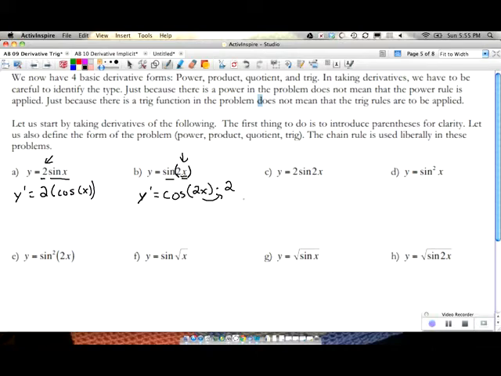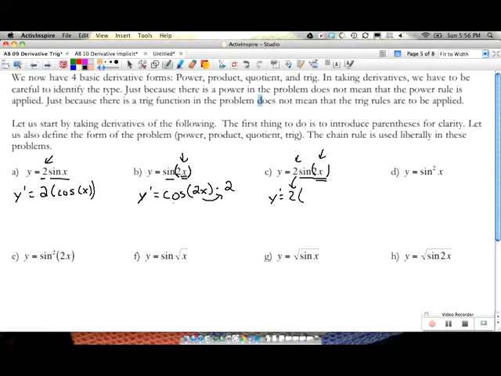Now, part C here is actually just a combination of these two things. You see that we have the constant outside, so that's going to tag along, but then we have this inside layer thing. I'm going to cheat a little bit. I already know what the derivative of sine of 2x is, because I just did it. And this constant here is just going to tag along.